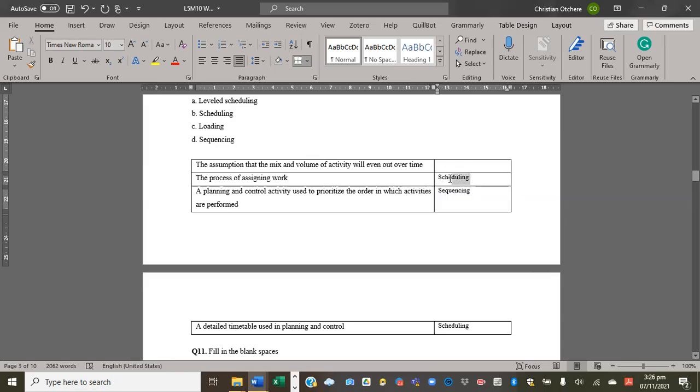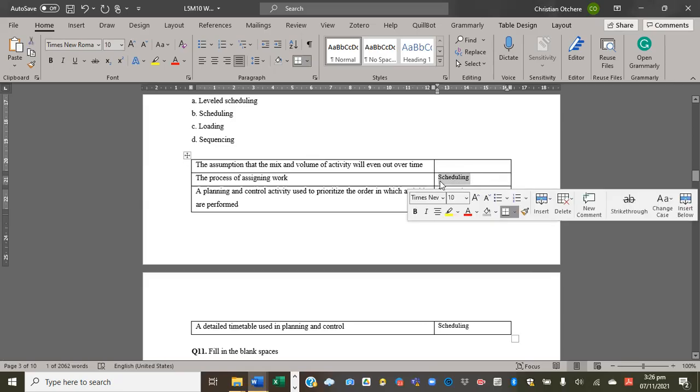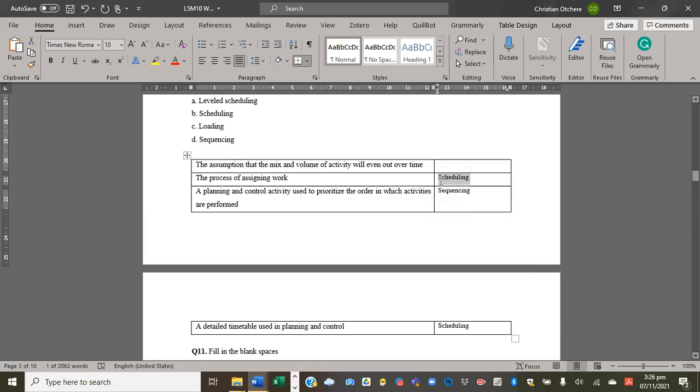Process of assigning work. And we looked at finite and infinite loading. Yes, finite looks at the capacity of the work center. So they look at your design capacity and your effective capacity to assign work or tasks to you.